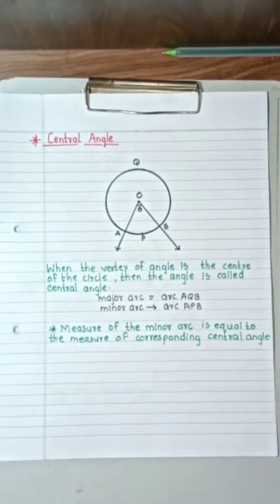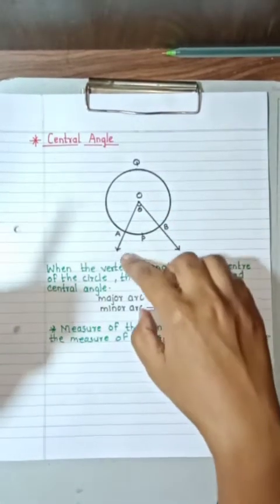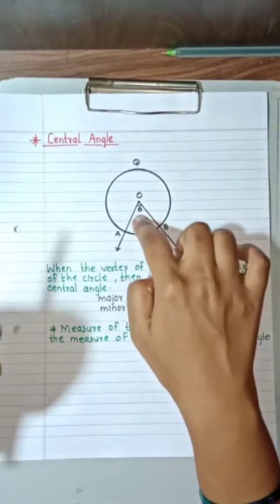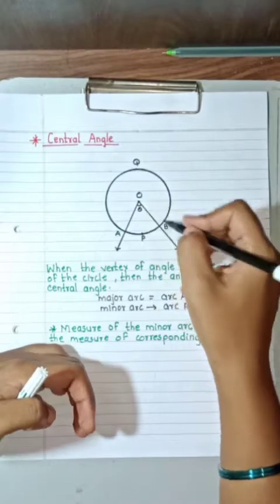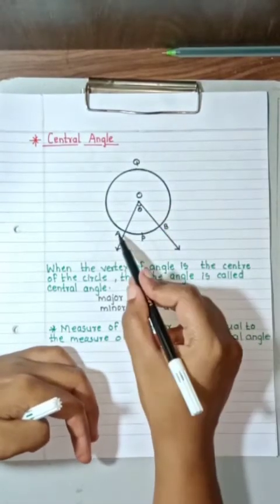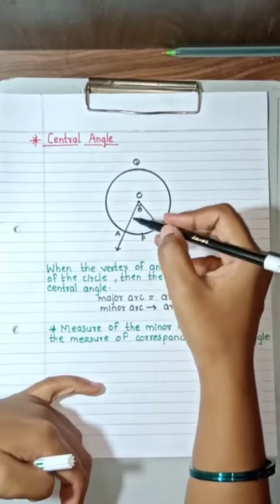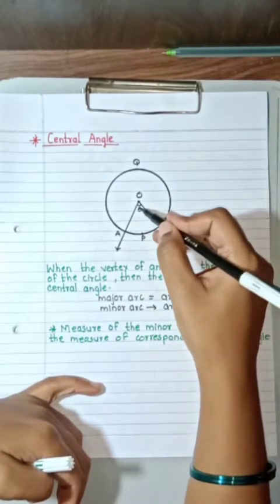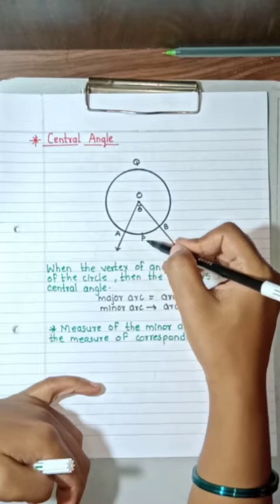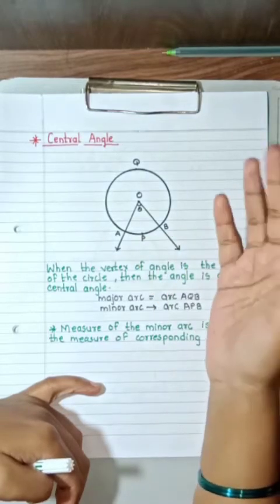Now children, suppose the measurement of angle AOB is theta. Therefore, the measurement of arc APB will also be theta.